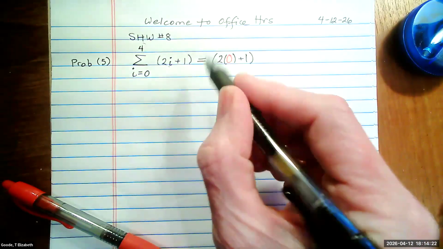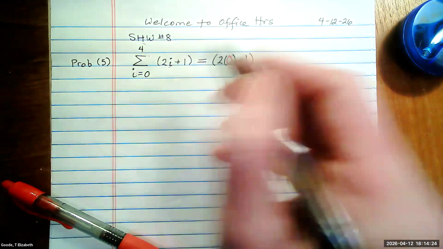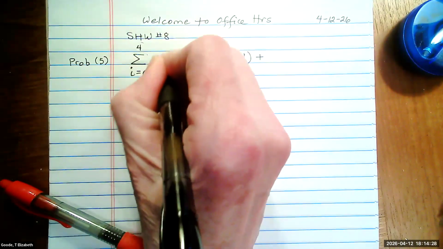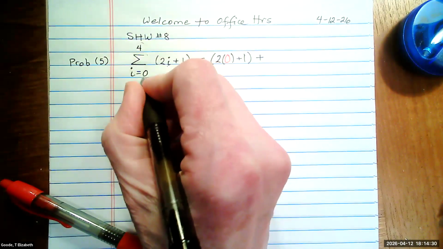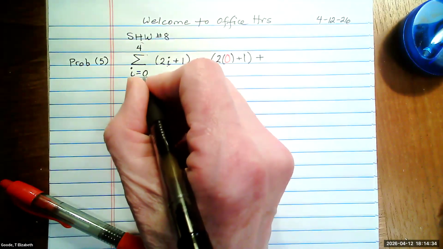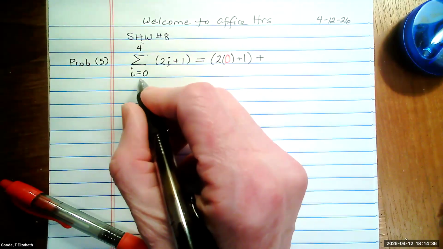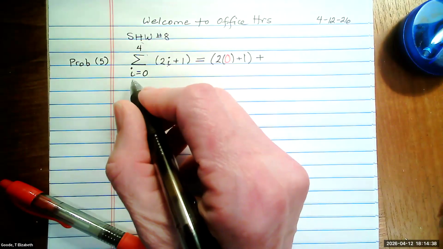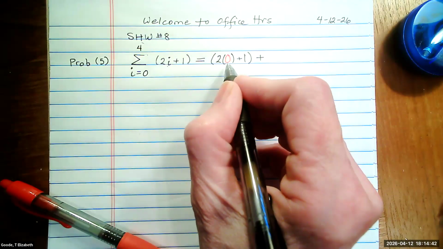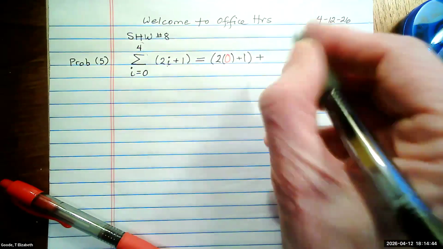Okay? And then because this is a sum, it's plus. So you kind of think of it, okay, we're going to increment plus, and now I increments by 1. So I goes up by 1. So what's the next value for I going to be? The next value for I would be 1. Exactly.